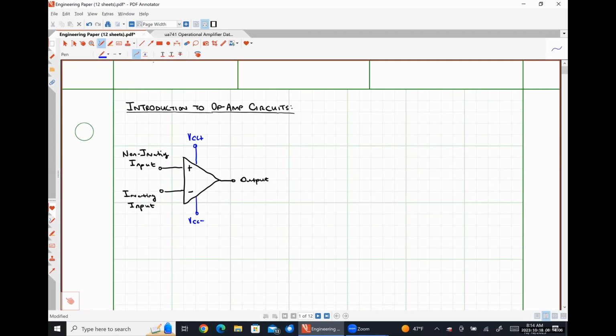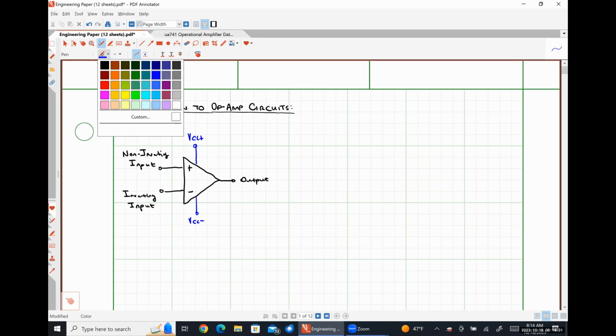A capacitor exhibits capacitance regardless of whether it's in a circuit, etc. An op-amp will not function if we do not supply external power to it. And typically speaking, we are going to apply a positive voltage to the VCC plus pins and a negative voltage to the VCC minus pin.